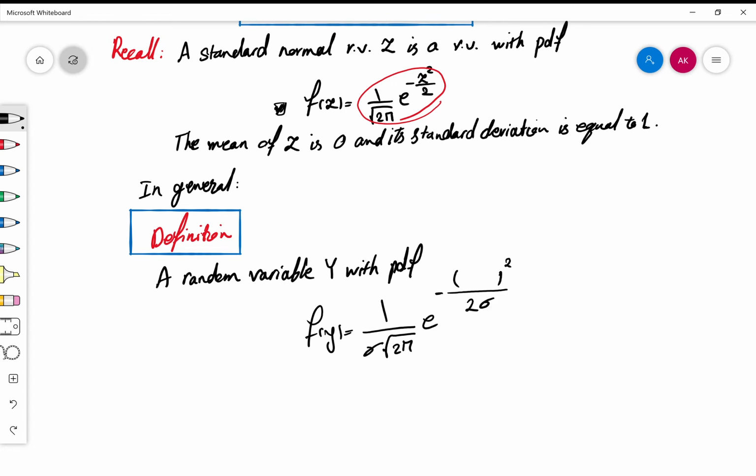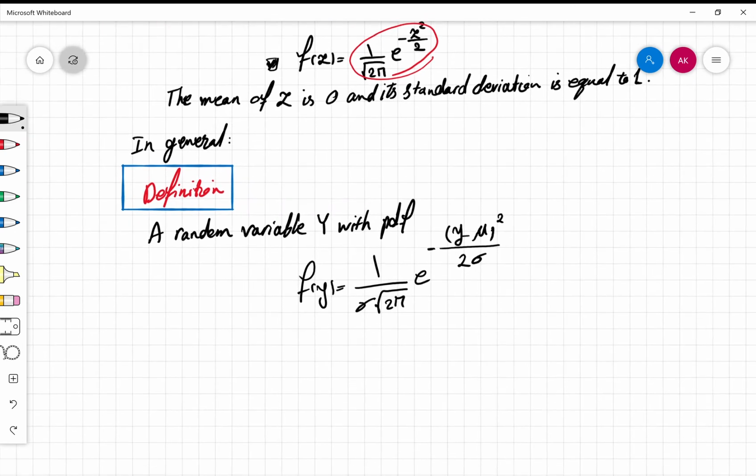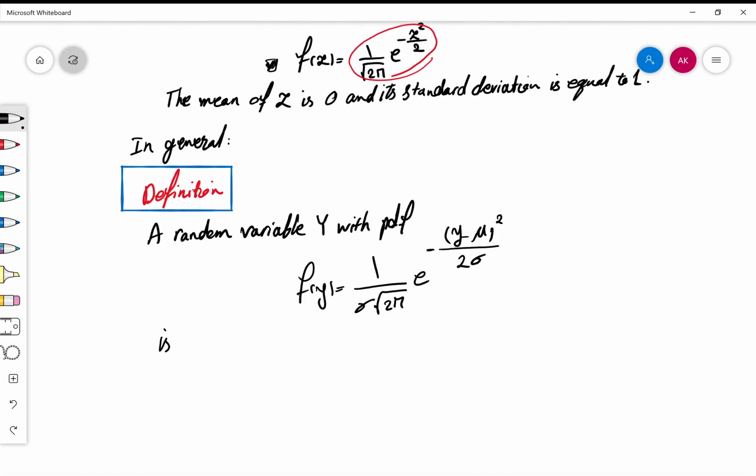So that sigma comes here and y minus mu goes there. It's kind of similar to that, but with some work in the exponent. A random variable with that PDF is a normal random variable.